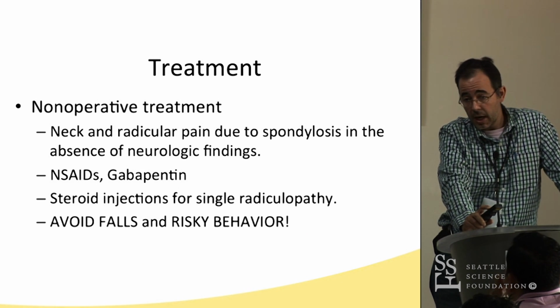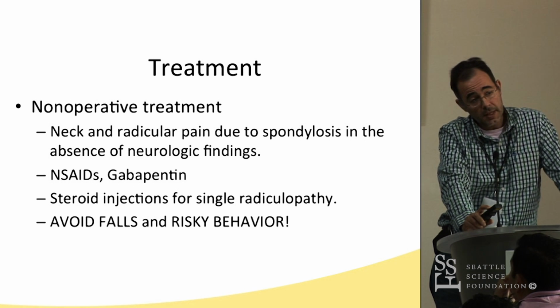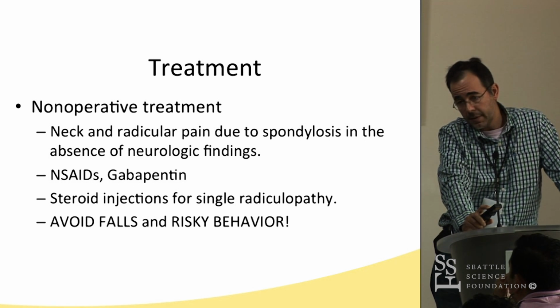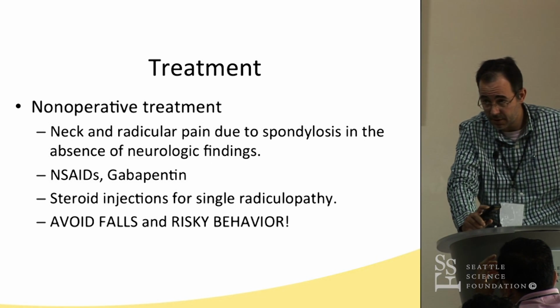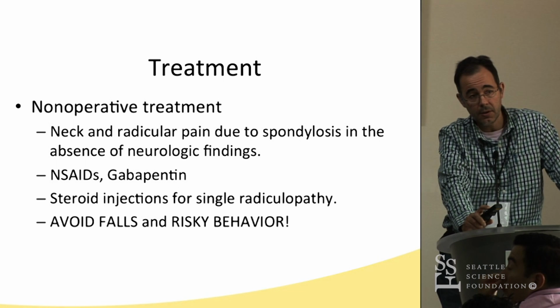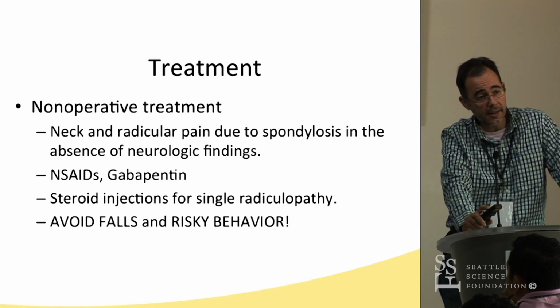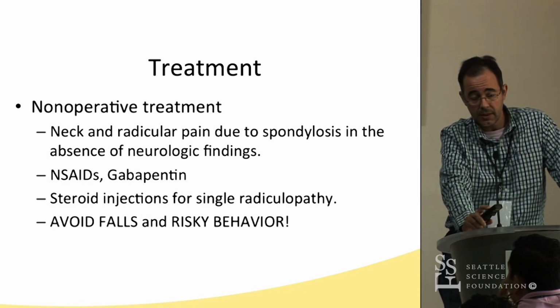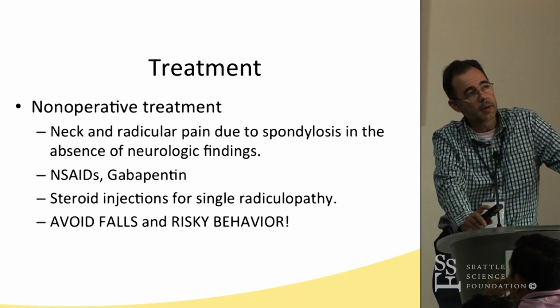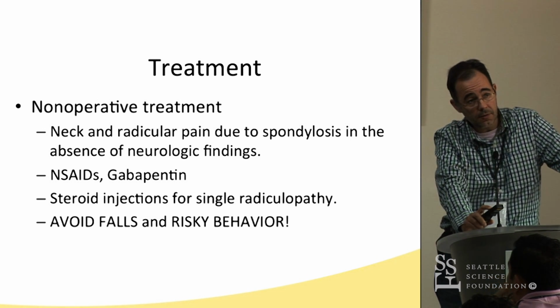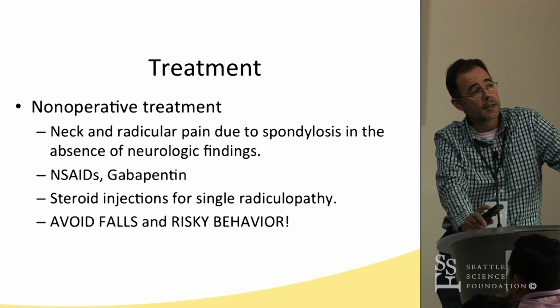So what about non-operative treatment? This should be the case for the majority of patients that we encounter. If you take a random sampling of the population in their 60s or 70s, you could easily see findings that would potentially make you think that surgery would be indicated, but non-operative treatment is always the first thing that needs to be attempted.